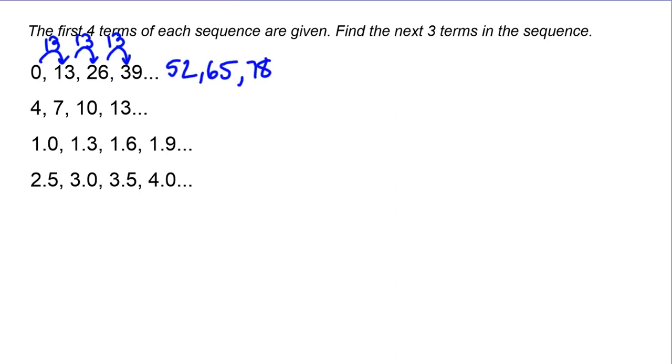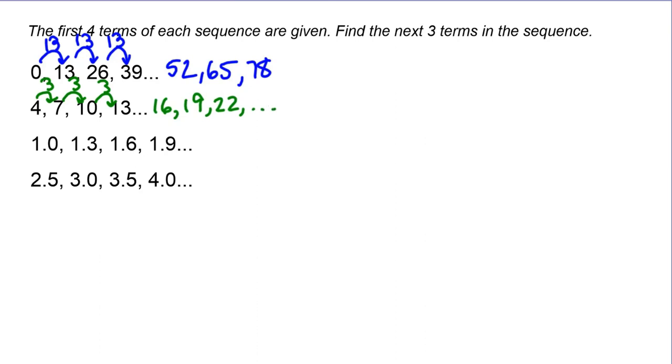There we go. The next sequence is 4, 7, 10, 13, and so on. And if we look at the pattern here, it appears as though these are increasing by 3 each time. So if we were to extend this pattern, the next number would be 16, then 19, then 22, and so on. So that sequence continues on and on.